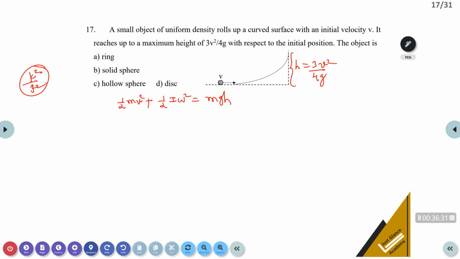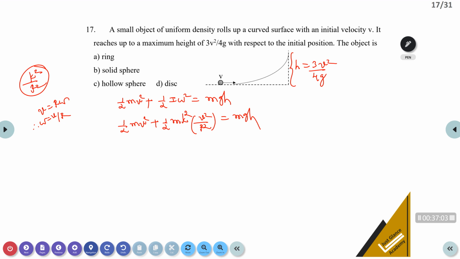Now here, 1 by 2 m v square, plus rotational 1 by 2 m k square, and v equal to r omega, therefore omega equal to v by R. So this becomes v square divided by R square, equal to mgh.